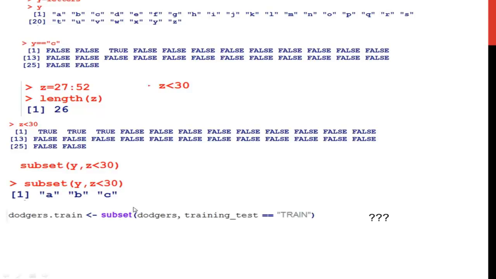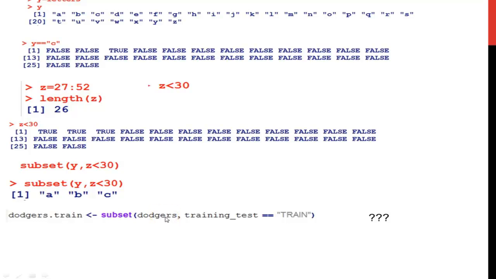So what's going to happen? Remember, the subset function only selects from here the ones where this is true. Right? Does that make sense? So how many elements from Dodgers are we going to select? 54 random elements from Dodgers.